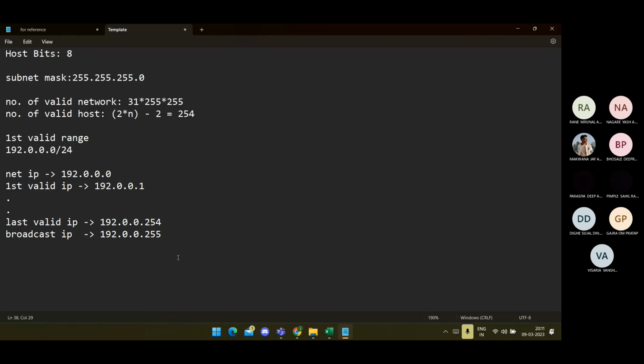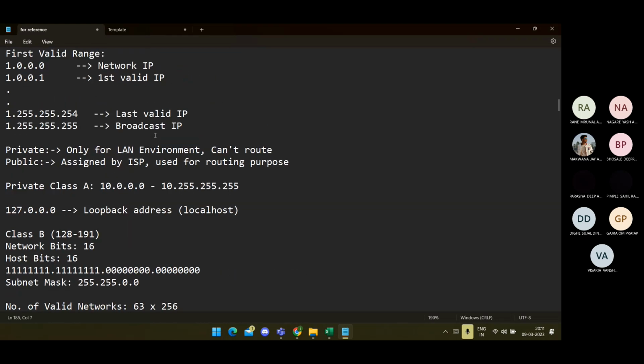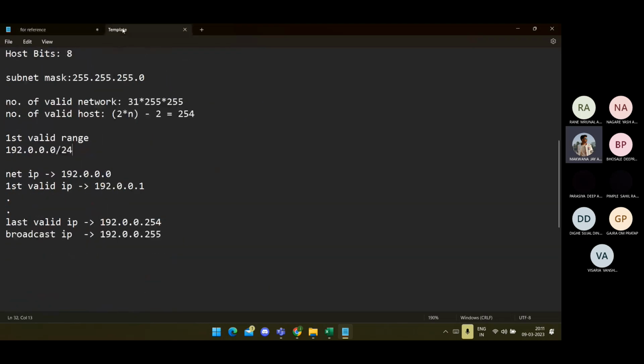And this slash 24 is also known as CIDR, which is classless inter-domain routing. Okay. So don't forget this. I will also provide this writing material for reference, so you can refer to that.